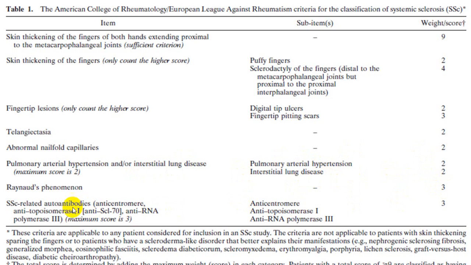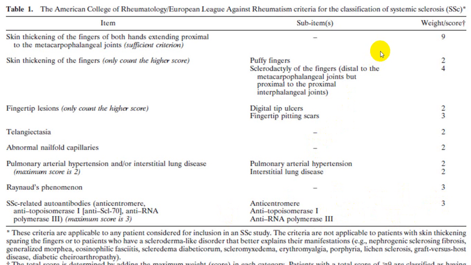And laboratory parameter wise, anti-Scl-70 antibody, anti-RNA polymerase antibody and anti-centromere antibody. These three are the common tests. If anti-centromere antibody is positive, 3 points. Anti-Scl-70, 3 points. RNA polymerase, 3 points.